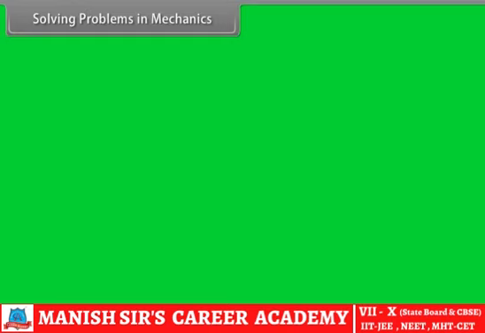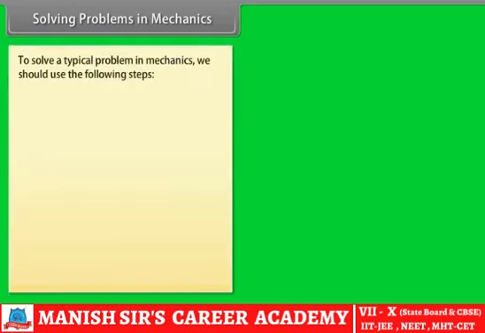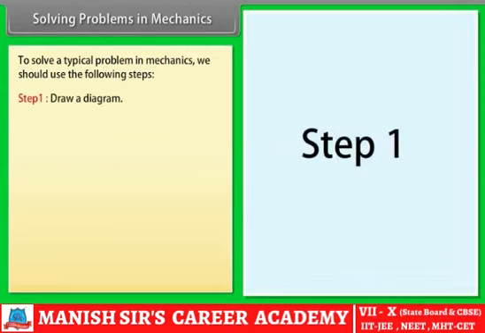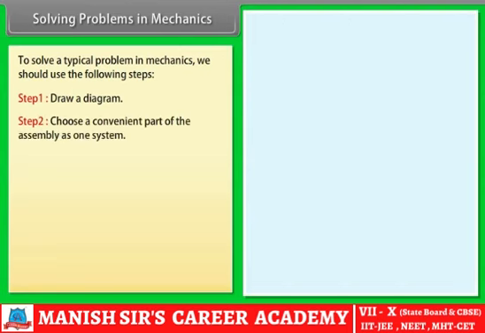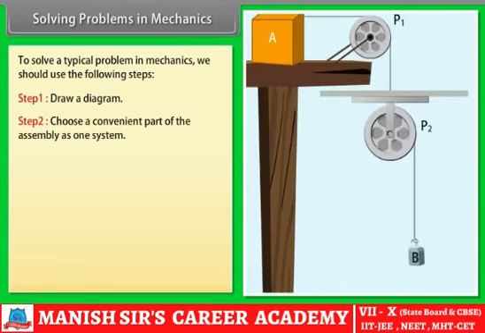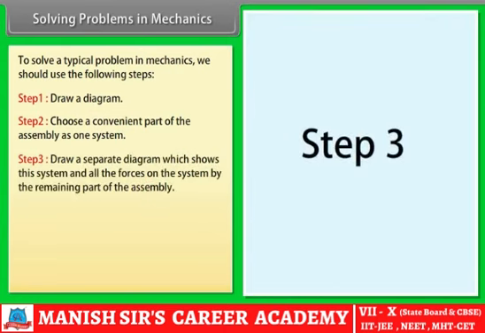Solving problems in mechanics. To solve a typical problem in mechanics, we should use the following steps. Step 1. Draw a diagram. Step 2. Choose a convenient part of the assembly as one system. Step 3.